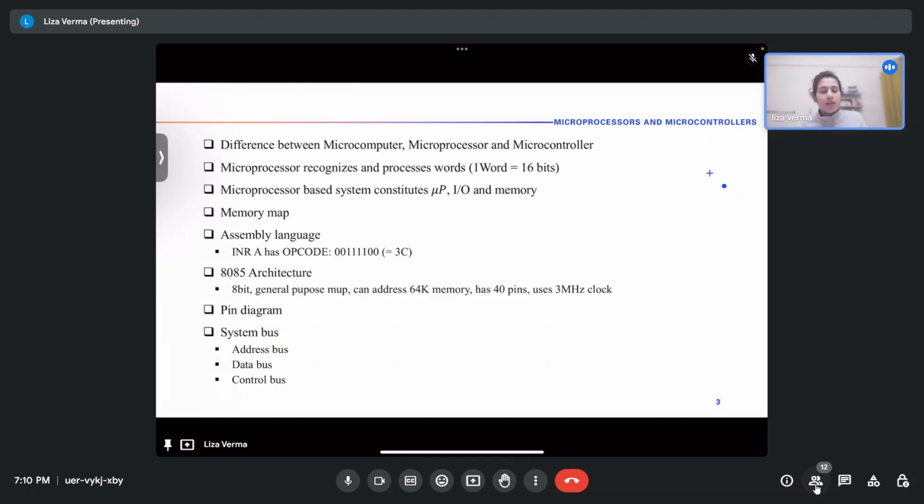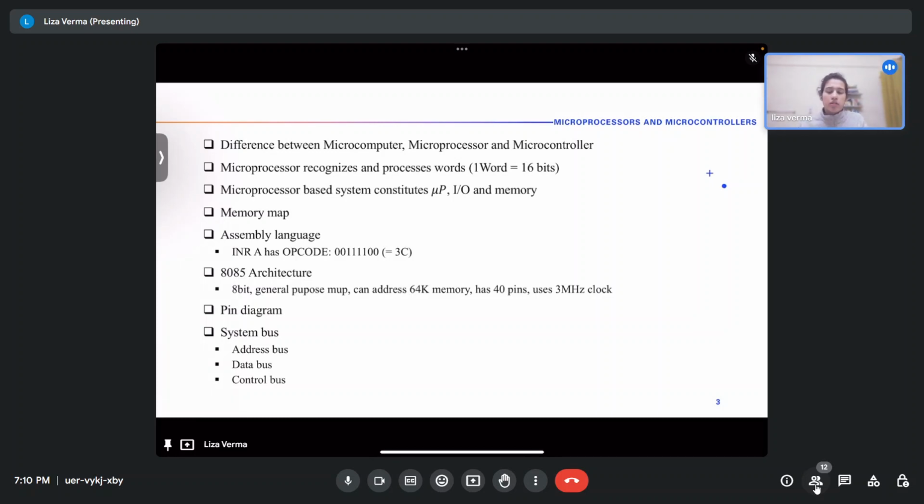That brings us to what a microprocessor is. A microprocessor is a processing device which takes in data, numbers, operates on them, and gives output either to its output registers or some peripheral IO devices or peripheral memory.